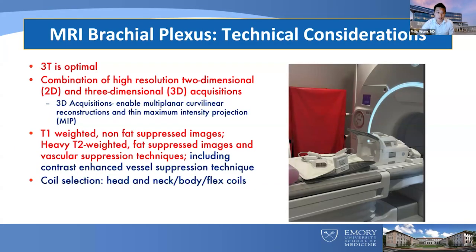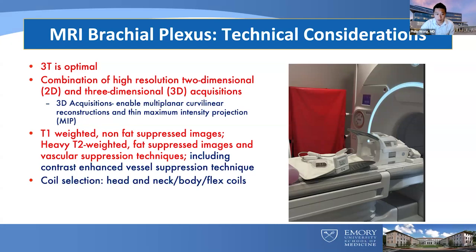So technical considerations: 3T is optimal, so that you can obtain a high resolution and high spatial resolution image. And we use a combination of high resolution two-dimensional and three-dimensional acquisitions. The 3D acquisitions allow us to do multiplanar curvilinear reconstructions and thin maximum intensity projections, or MIPs, which I just showed you guys.